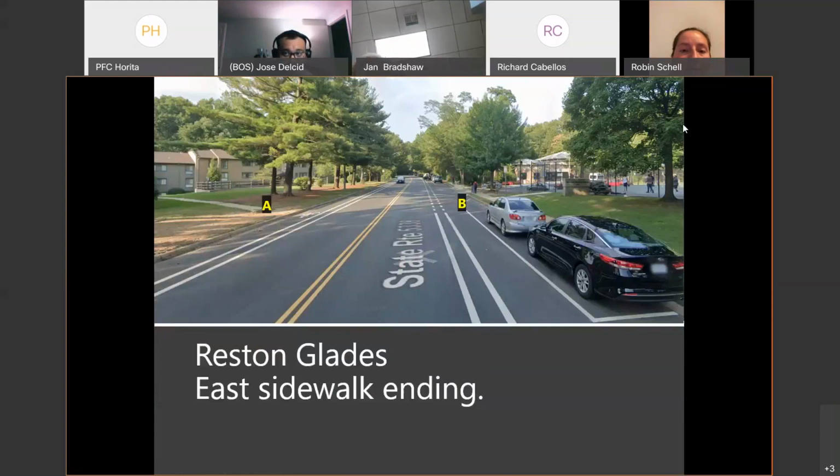I was looking at the Southgate area down here and trying to figure out where the sidewalks were ending, where sidewalks were going nowhere, or where we had unutilized areas. Here we're facing north. The Southgate Community Center is on your right, and the Resting Glades is on your left. On the left with the Resting Glades, marked with the letter A, you see the sidewalk that stops essentially before it gets to the curb.